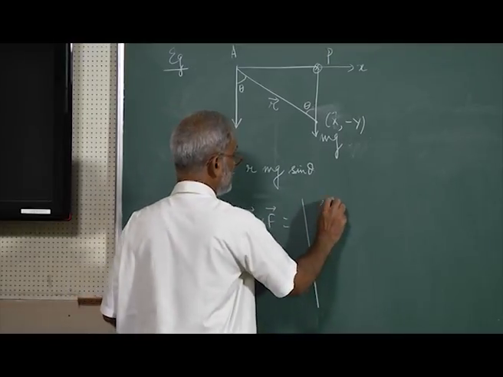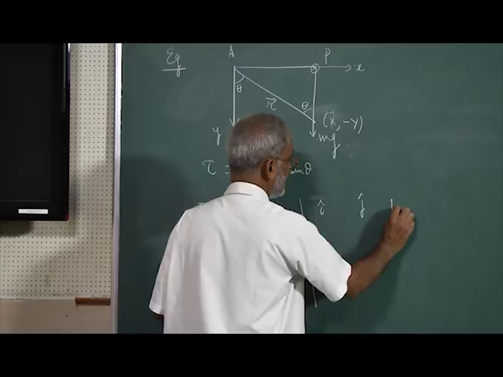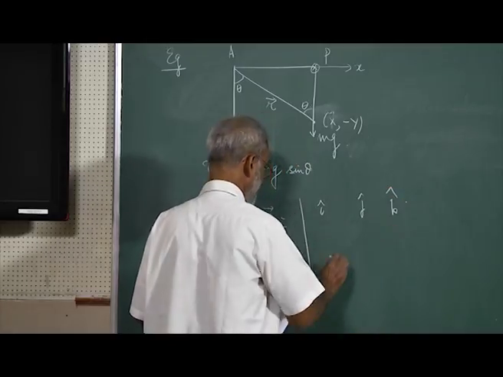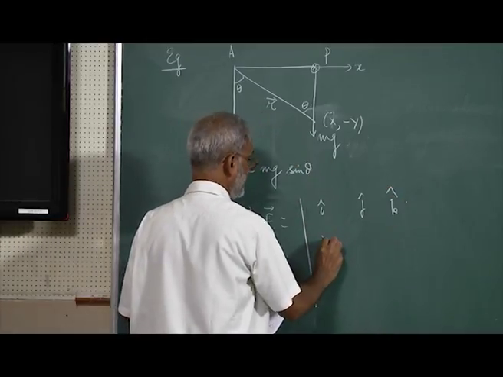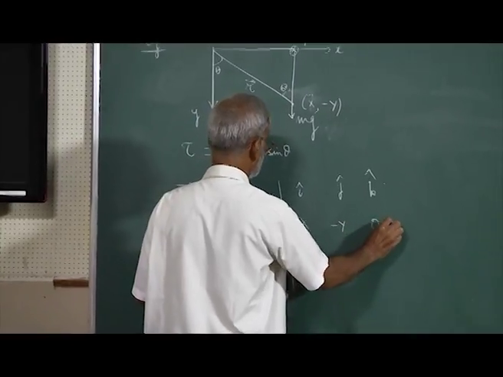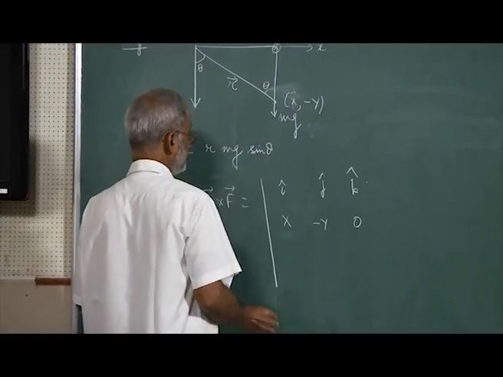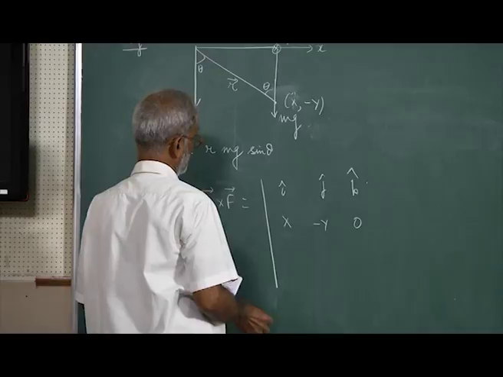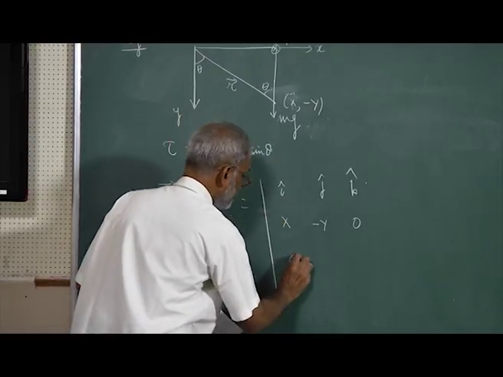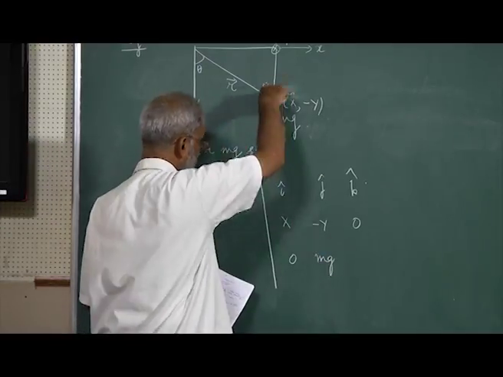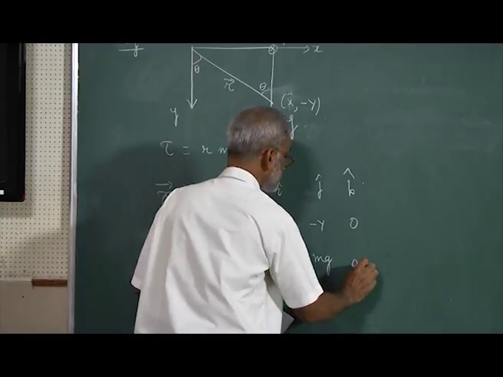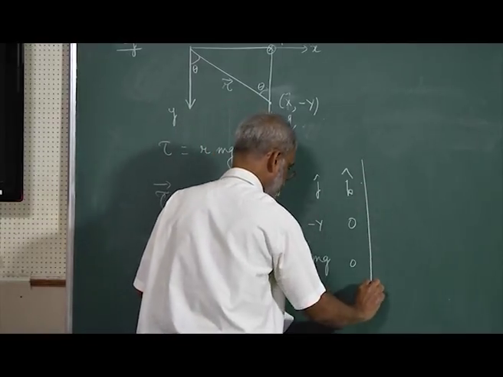Remember yesterday we wrote down this definition with i, j and k. This coordinate is x, this coordinate is minus y, this is 0, and mg has only the y component, therefore the other is 0. It is a positive force when it moves towards the ground, towards the center of the earth.